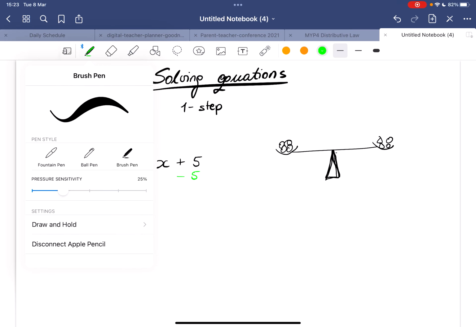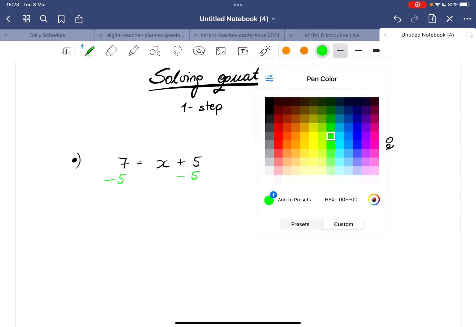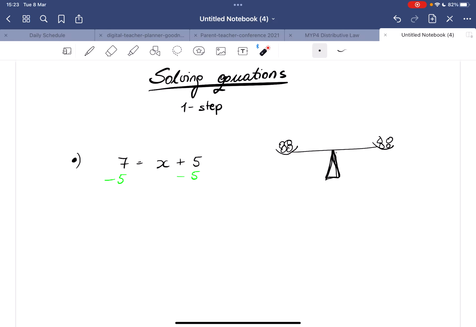So if I take away my 5 from 5, this is a 0 term. With your algebra tiles, this would be representing a 0 term. So 5 take away 5 gives us 0. That's gone.